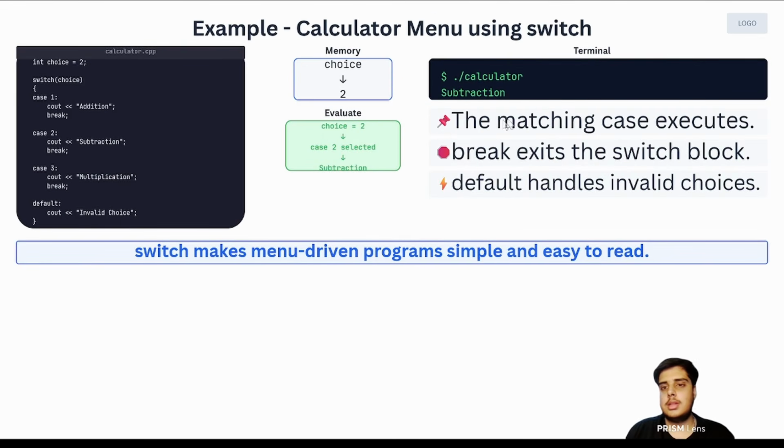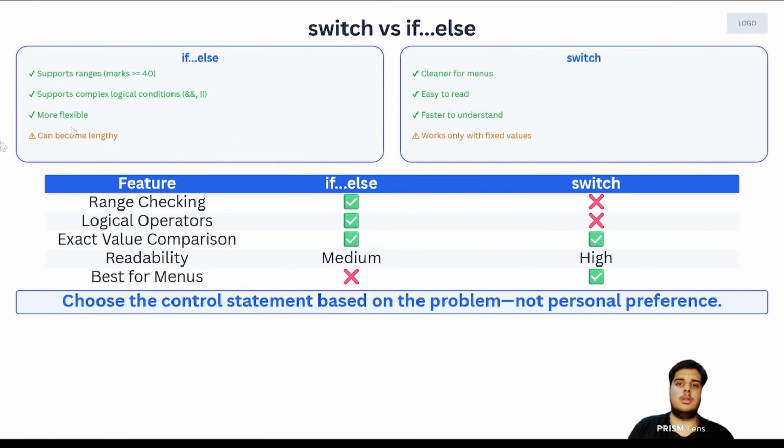That's how it works. The matching case executes and break exits the switch. So it is very important to use break in every case. If you don't use it, I will explain later also, but it will execute all the cases below it. Then switch makes a menu driven program simple and easy to read.